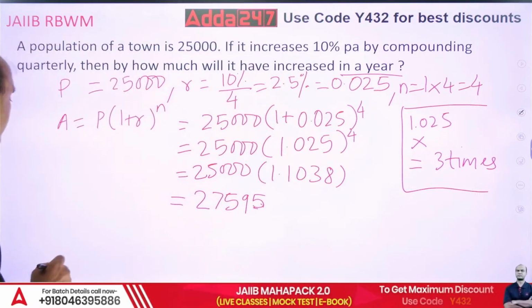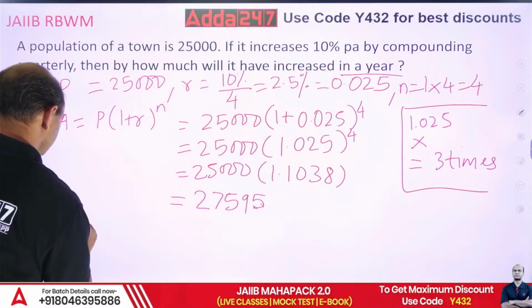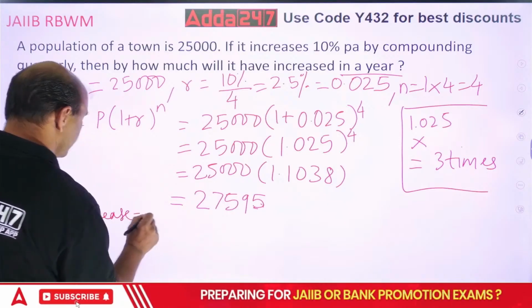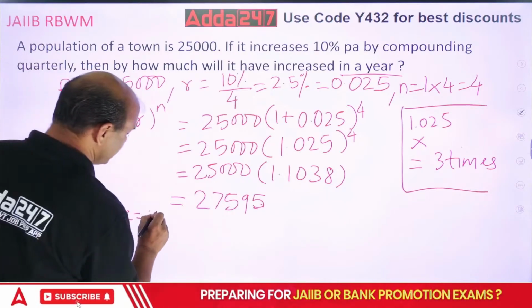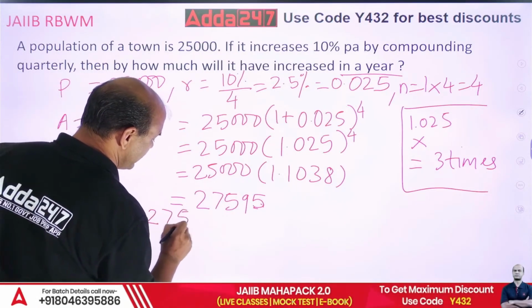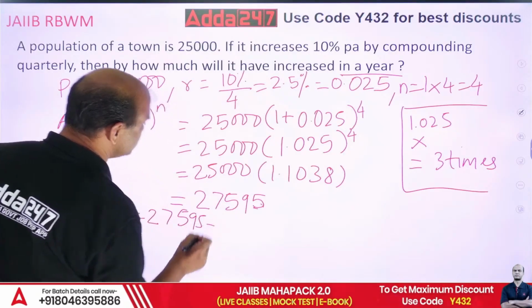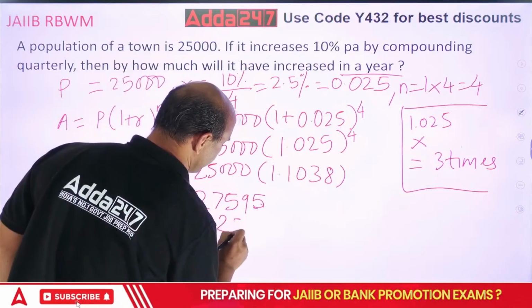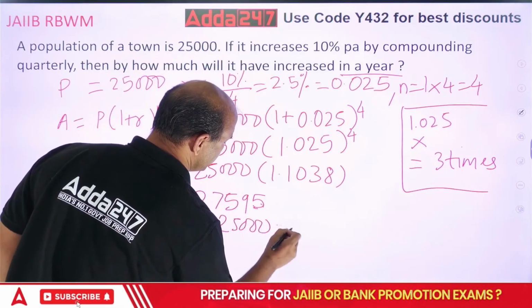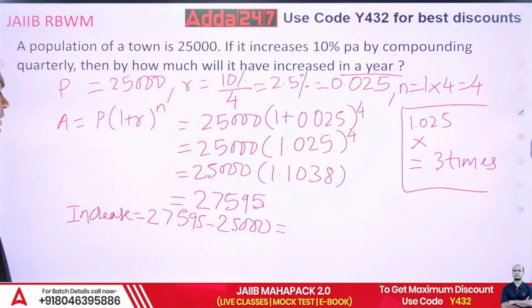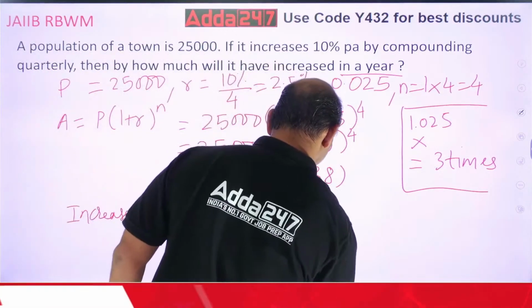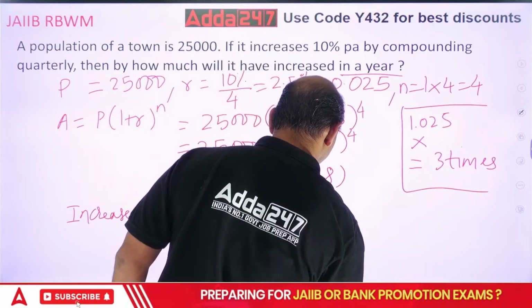So increase equals 27,595 minus, what was the initial one? 25,000. So that is equal to 2595.